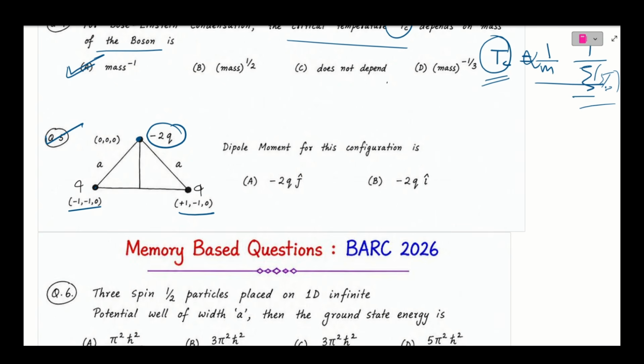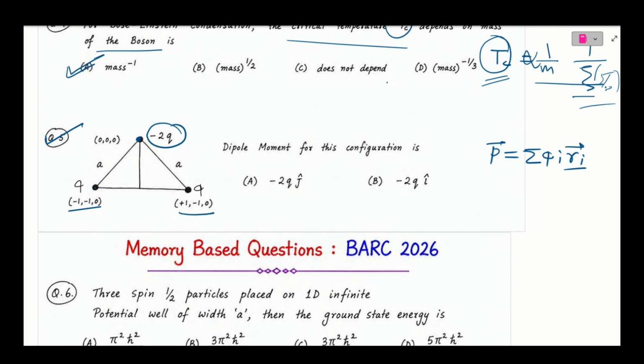First of all we have to check that, as a whole, if we add all the charges in the system and the sum of the charges is 0, then we can simply write the dipole moment for this system as the summation of qi ri, where ri is the position vector corresponding to that charge.